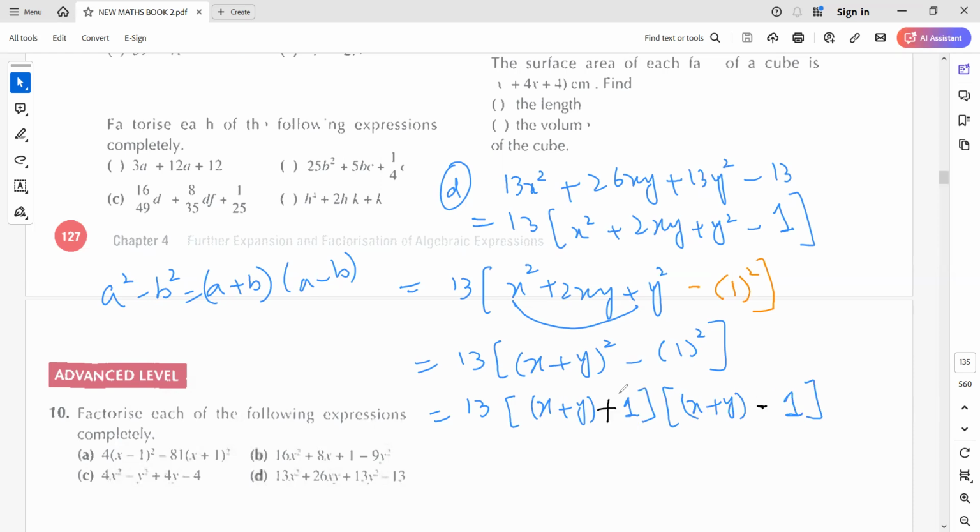I've changed the color just to make it clearer that it is the application of this identity. So 13 times x plus y plus 1 times x plus y minus 1. That's the complete factorization of this part.